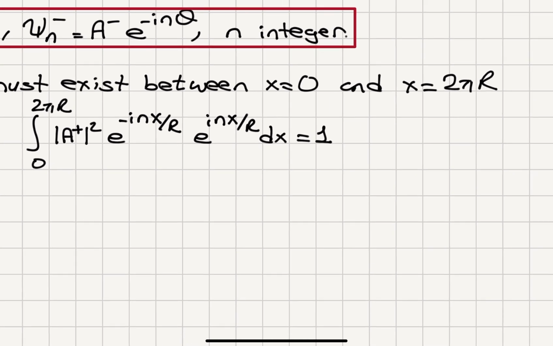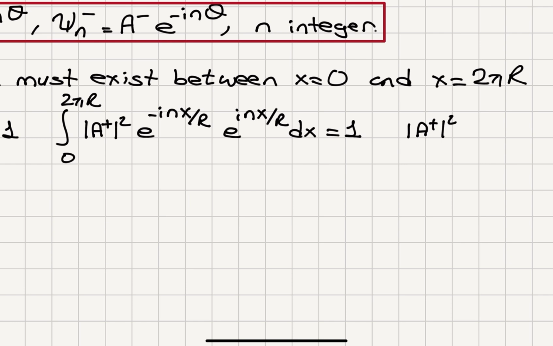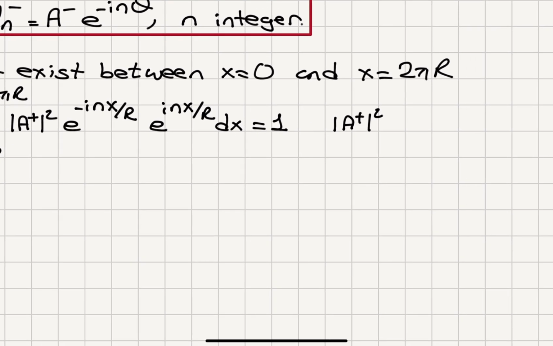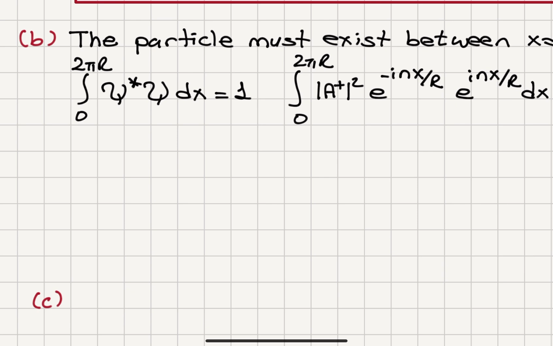Since this product gives me just 1 here, I will have a plus absolute square multiplied with x. The integral will give me a plus square dx, evaluated between 0 and 2 pi r, it gives me x goes from 0 to 2 pi r, so it's 2 pi r, which is equal to 1. So I can evaluate the normalization constant a plus as 1 over square root 2 pi r.